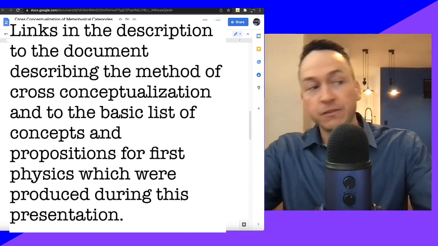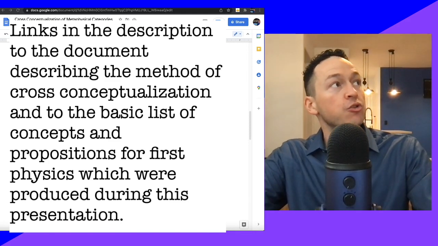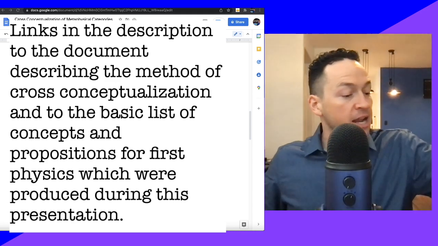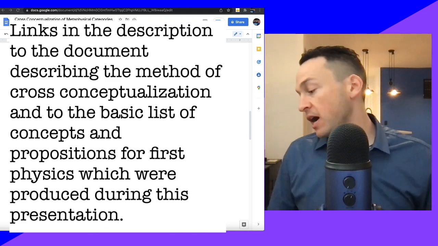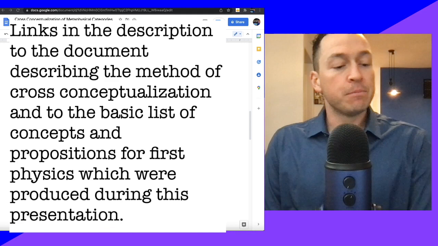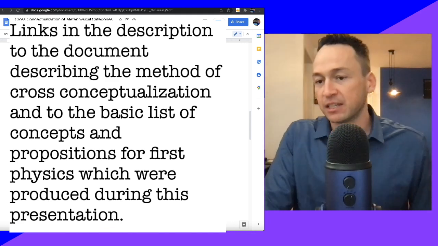So what we've seen here is the method of cross-conceptualization. You can see that despite the fact that this is only the second time I've done this, and despite the fact that I completely did this with no prior preparation, I prepared a little statement on what cross-conceptualization is, but this is literally the first time I've ever tried to cross-conceptualize basic physics.